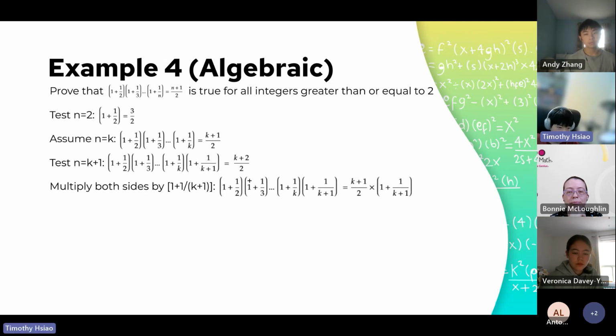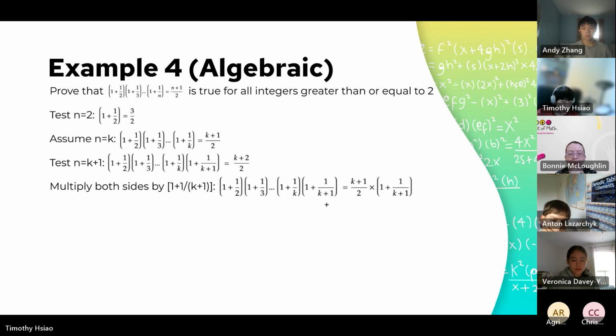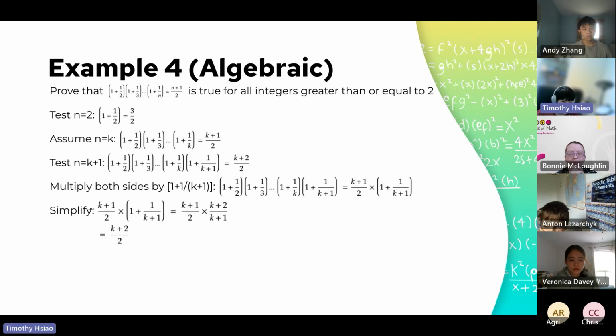So now we're going to multiply both sides by 1 + 1/(k + 1), and then we're going to simplify this.